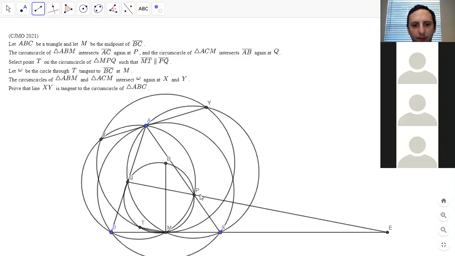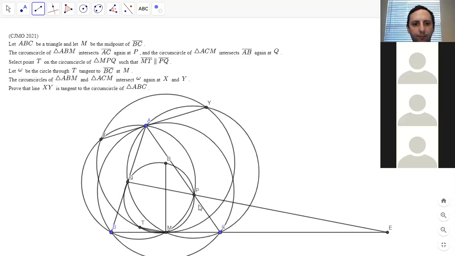Basically angle PMC is angle A, and angle QMB is also angle A. And so therefore MD bisects angle QMP. And once we know that, then DT equals DM, and everything else kind of follows from there.